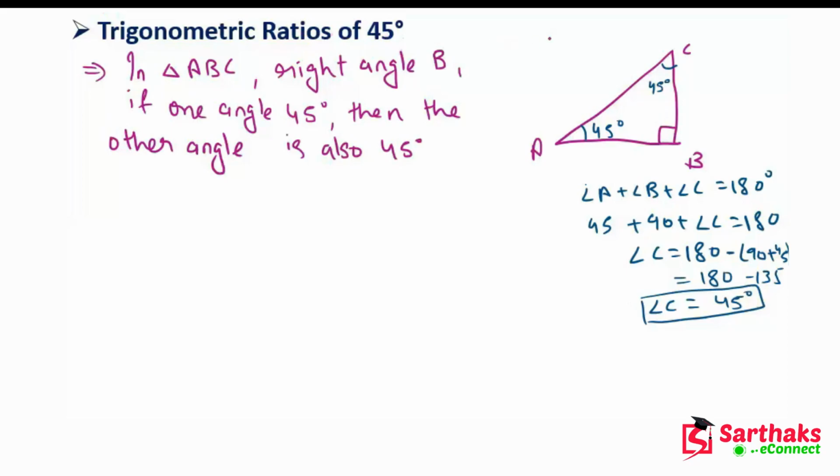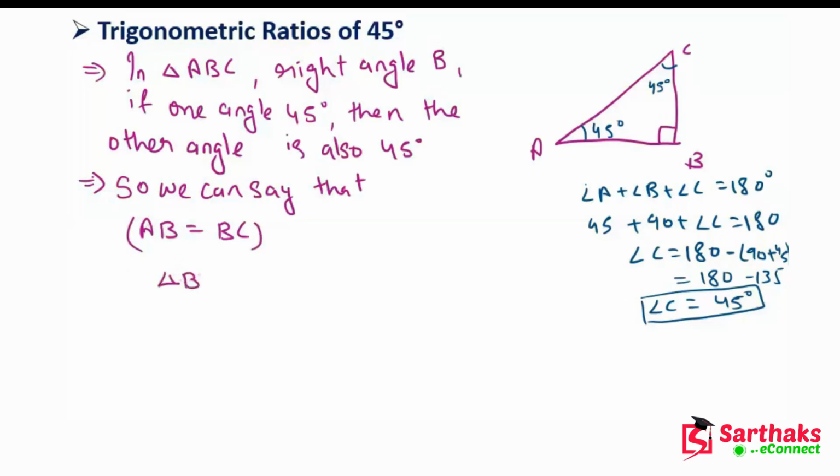So now these two angles are equal. So we can say that the triangle ABC is an isosceles triangle, and AB is equal to BC.